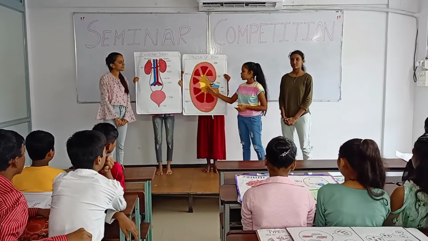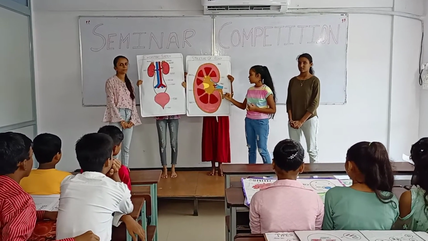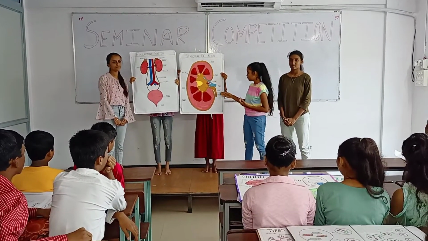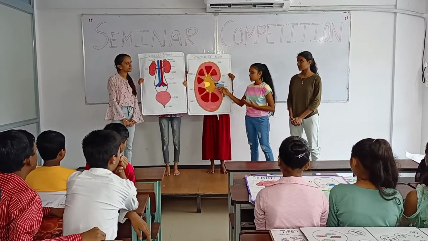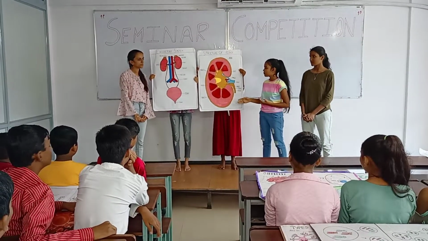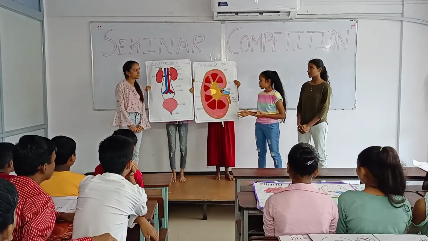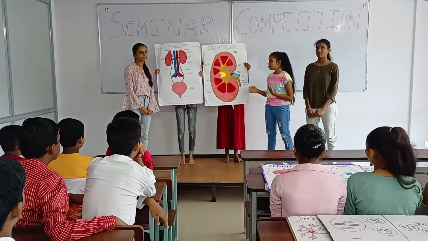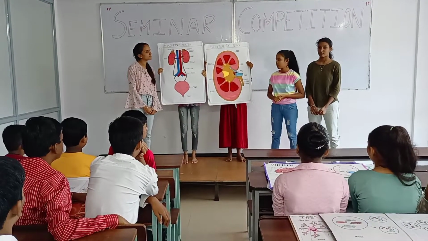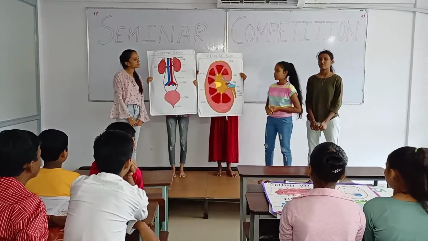The urine passes through the minor calyx and then goes to the major calyx, and then the tube-like structure, the ureter, carries urine from the major calyx and passes it to the urinary bladder, a sac-like structure, and then it is removed out of our body through the urethra. Hence this process continues in our body.